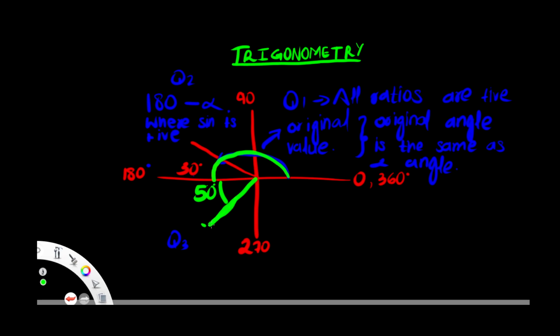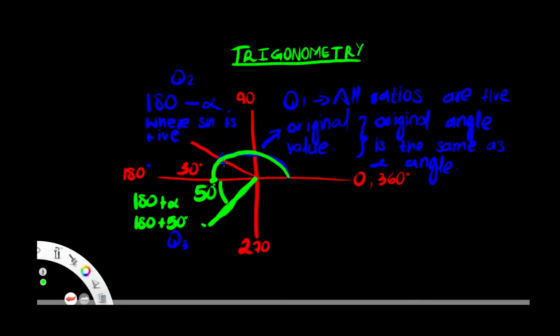So in order to find the original angle, which is the angle formed by going anti-clockwise up to the base angle, we'll have to add something to 180, because 180 is one complete rotation. Once we have arrived at this point, we have to go beyond it as well in order to get to the diagonal line. So in this case, I'll have to add 180 plus 50.